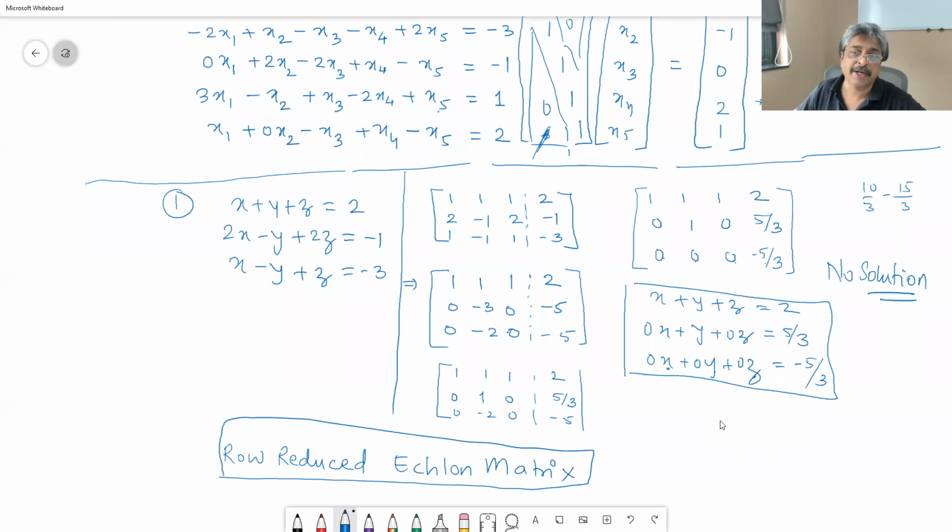Those upper triangular, lower triangular, to make them scalar, diagonal, everything is 0 except diagonal. It is called row reduced echelon matrix, the final version.